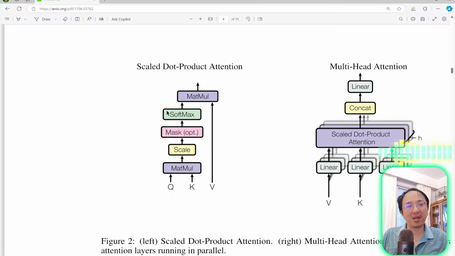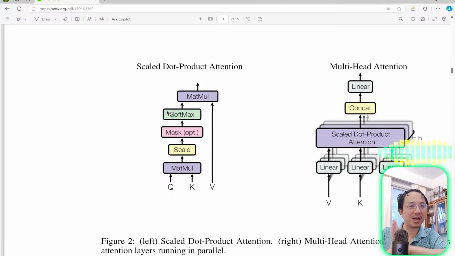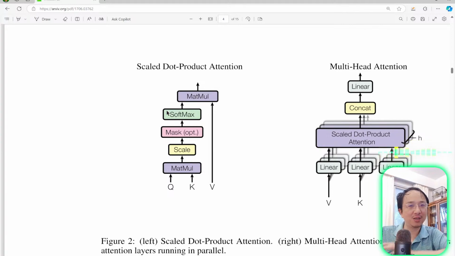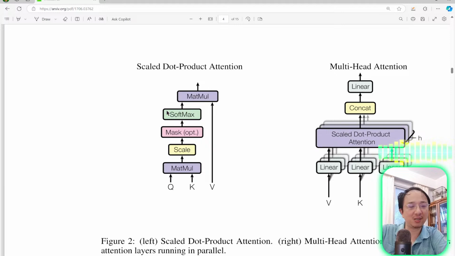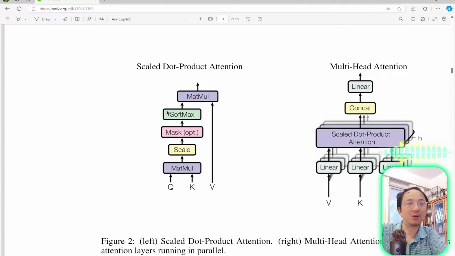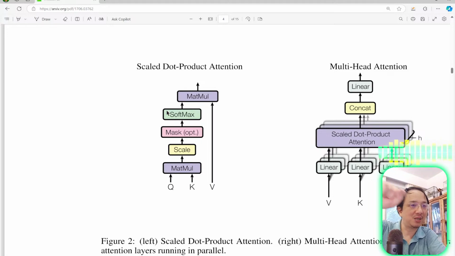So we probably get that, okay, this query is 90% like the first one, 5% like the second one, 5% like the third one. So instead of just picking the first value as our output, we are doing a weighted sum. We take 90% times the first value, plus 5% times the second value, plus 5% times the third value.